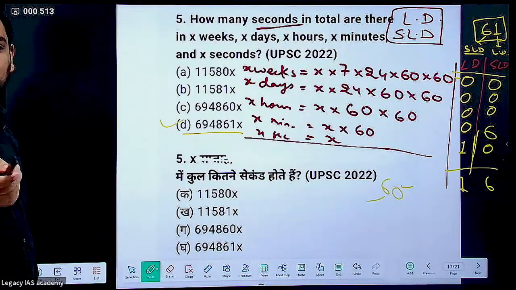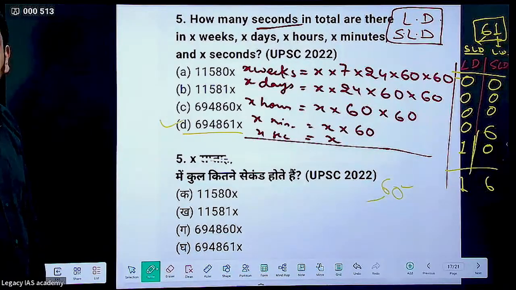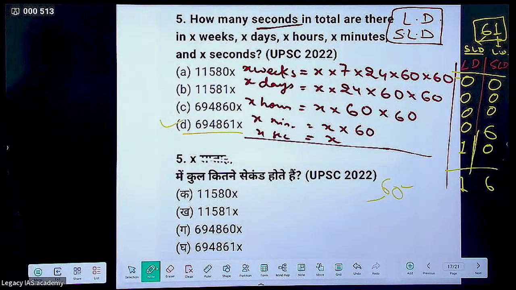What's your name? Bhanu. In the learning library, you will find it by the name of linear equation basics. There also. That's ICSE NCERT class 8, 9.